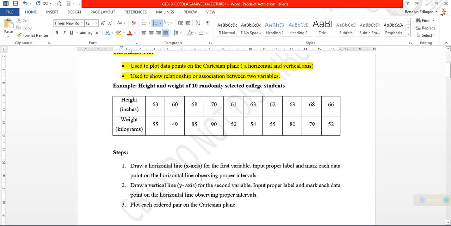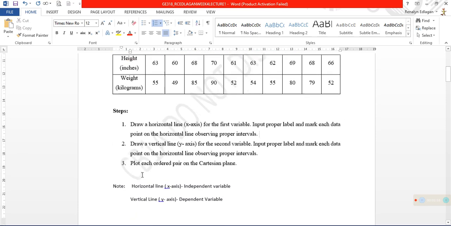So you have to observe equal intervals, and of course, you have to use appropriate intervals. Take notice of your given data points or data set, and then decide on the most appropriate interval to be used on your data or your representation.